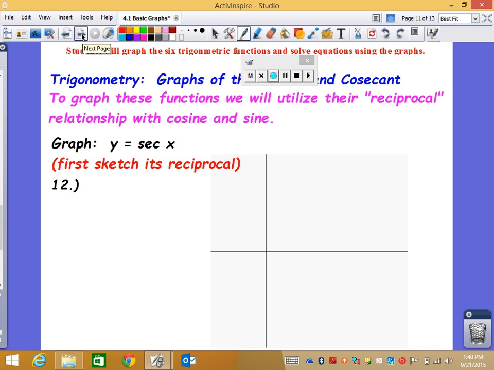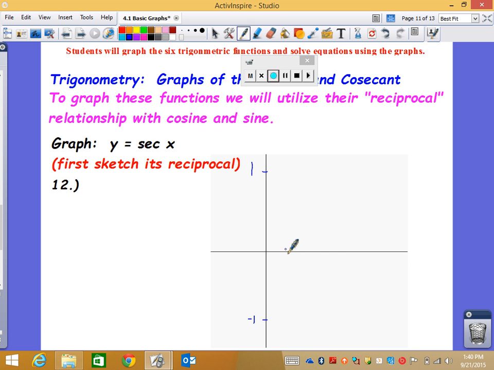So let's graph secant of x. Remember, in order to graph secant of x, we're first going to graph its reciprocal, or cosine. Now, we've done cosine plenty of times now, where we know that it goes from positive 1 to negative 1.